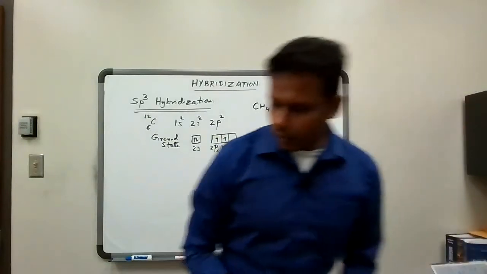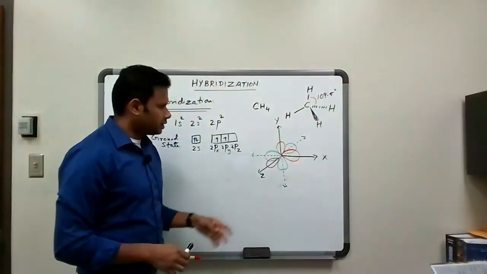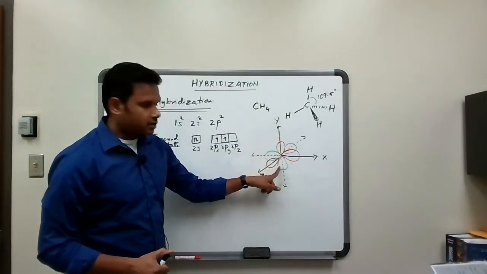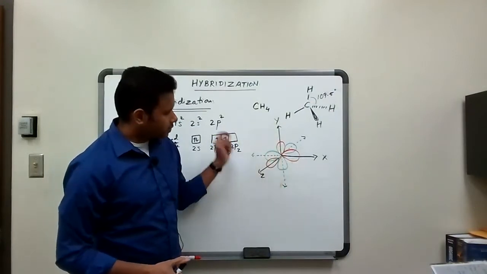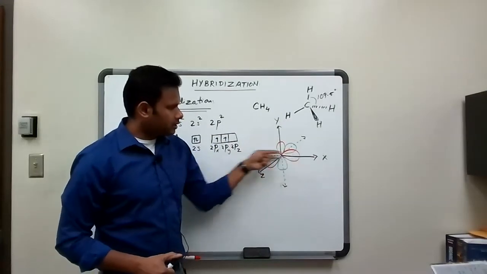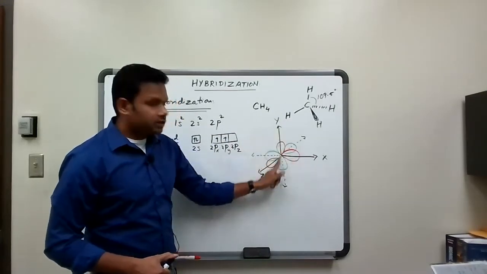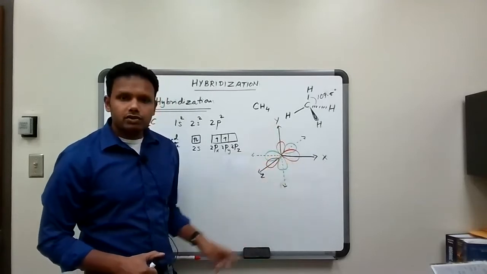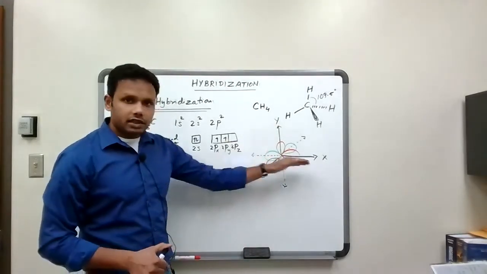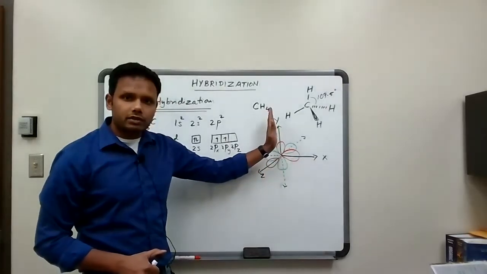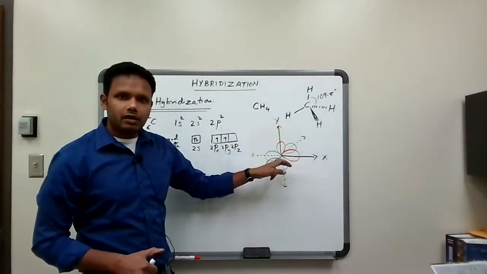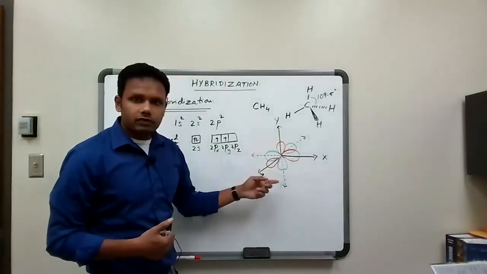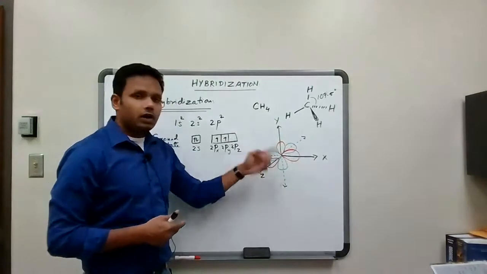If the px orbital is along the x-axis and the py orbital is along the y-axis, what should be the bond angle between these two orbitals? One is along the x-axis, the other along the y-axis. That should be 90 degrees, right? And the same is true for all of these. They are all orthogonal to each other.